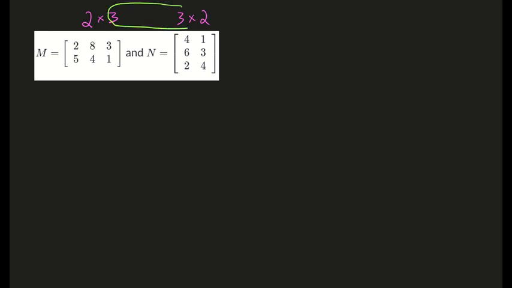Because the number of columns in M is the same as the number of rows in N, that means we can multiply them. And our result is going to have 2 rows and 2 columns, so it's just going to be a 2 by 2 matrix.